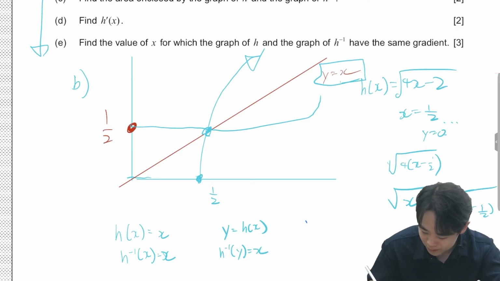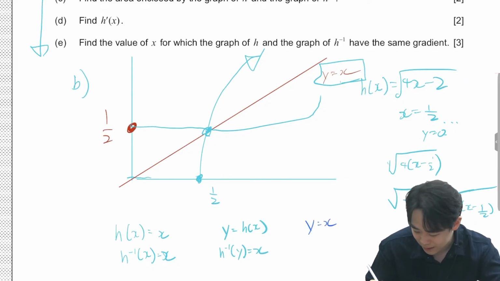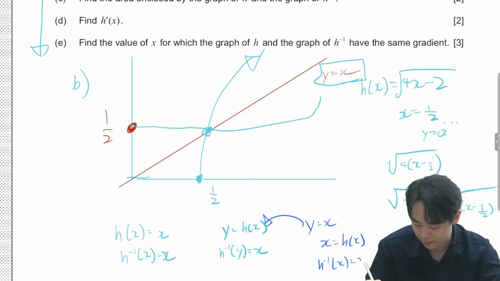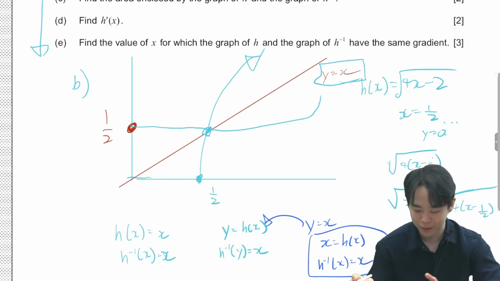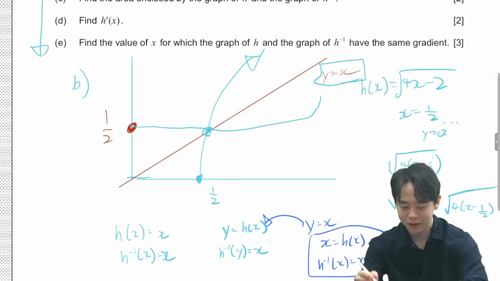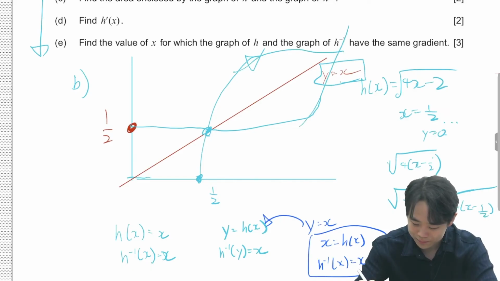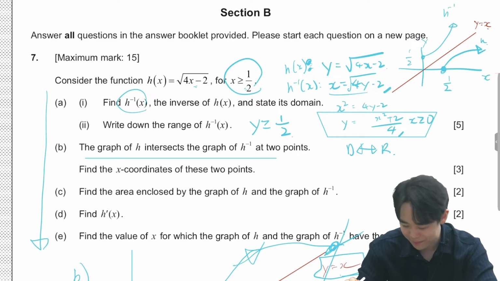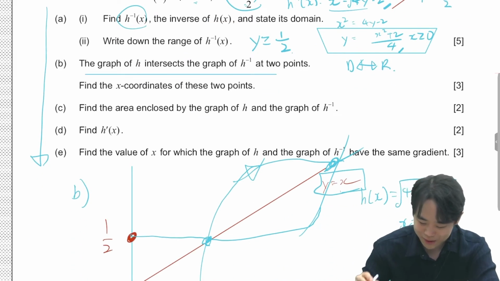But if you have a point on y equals x, that's just saying x equals h of x, so h inverse x is just going to be x. So whenever we have a function and its inverse, they're always going to intersect on the y equals x line.